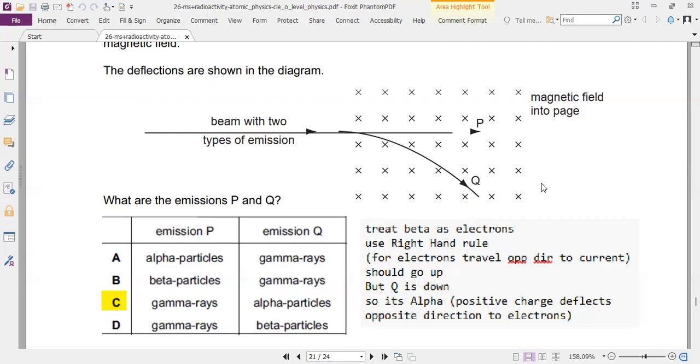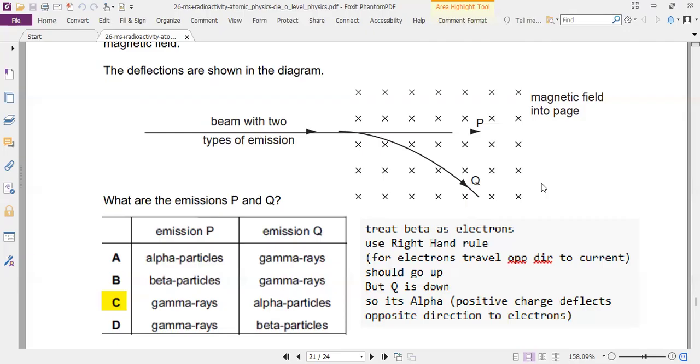So we have the electrons coming from the left side, so place our third finger from left to right. You will see your thumb will point downwards. Okay, so that means, I think we're getting confused here. So let's start over. First of all, we should use the right hand rule.